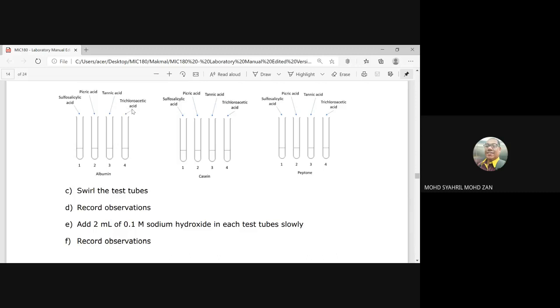Tube number 4 trichloroacetic acid. And then swirl all 3 sets of test tubes. And then you have to record the observations. Again, is there precipitate or not? If there is precipitate, we consider that the process of denaturation has happened.